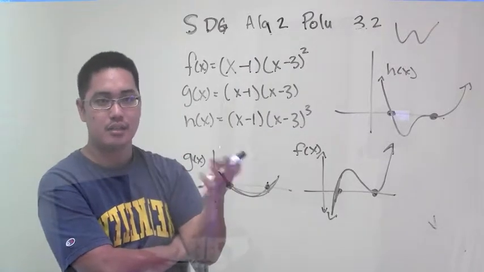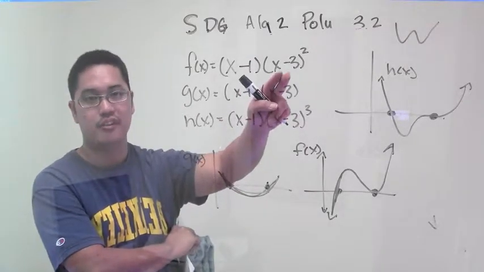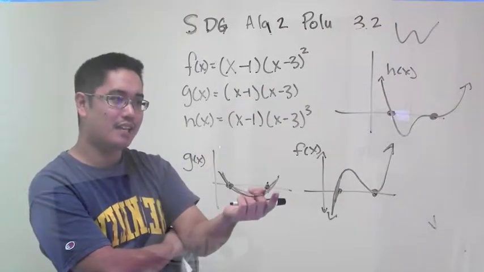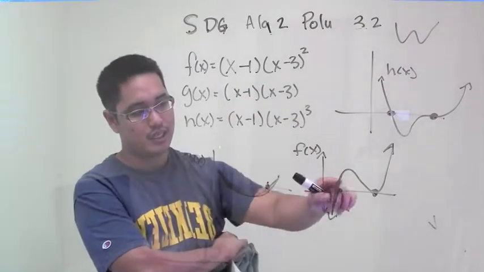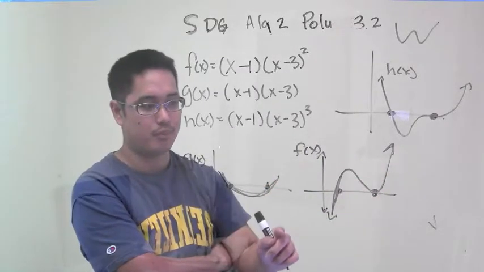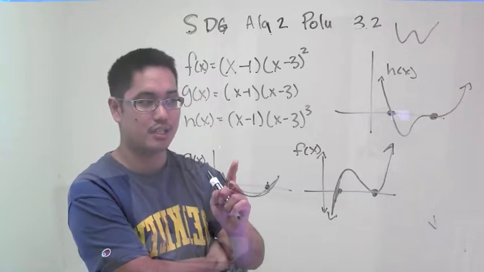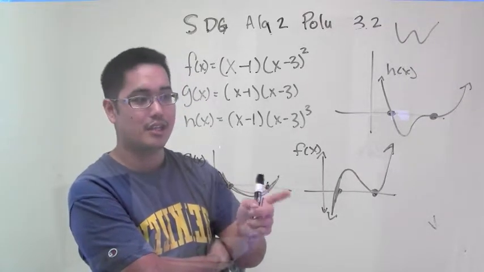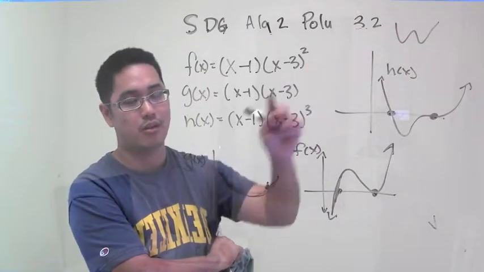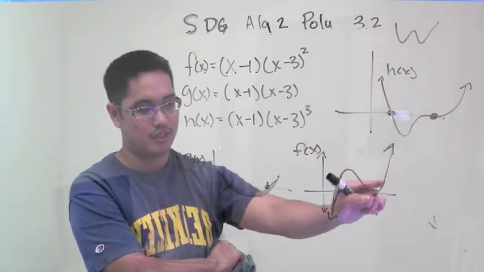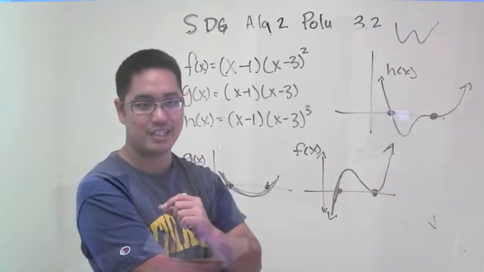We call that x equals 3 of multiplicity 2. That's what we say. If it's that, then what happens is it will actually kind of do this weird thing at that 1 point. It won't just cross, it will usually just kind of kiss it if it is a square power or an even power. See over here, it kind of looks like a parabola in that general vicinity.